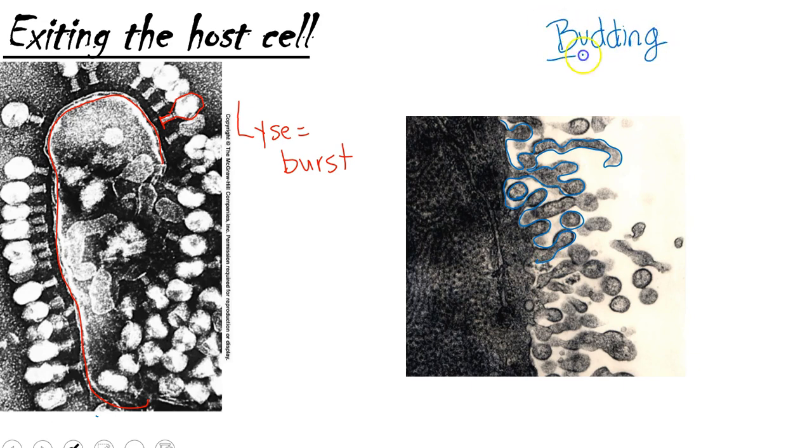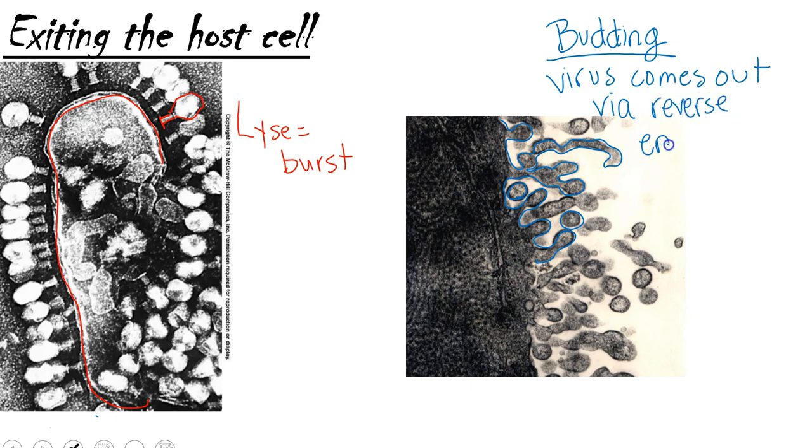And in budding, the virus comes out of the cell using reverse endocytosis and it takes part of the host cell membrane with it.